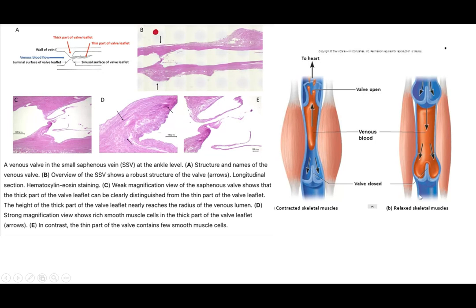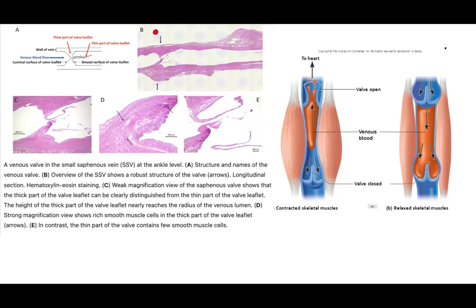It's going to fall back down, but it doesn't pool anywhere because there are these valves, right? Once the muscle relaxes, the blood gets caught, and then maybe the muscle contracts again, pushing, the valve will open and the blood can be expelled. These valves help prevent backflow and blood pooling in the body.